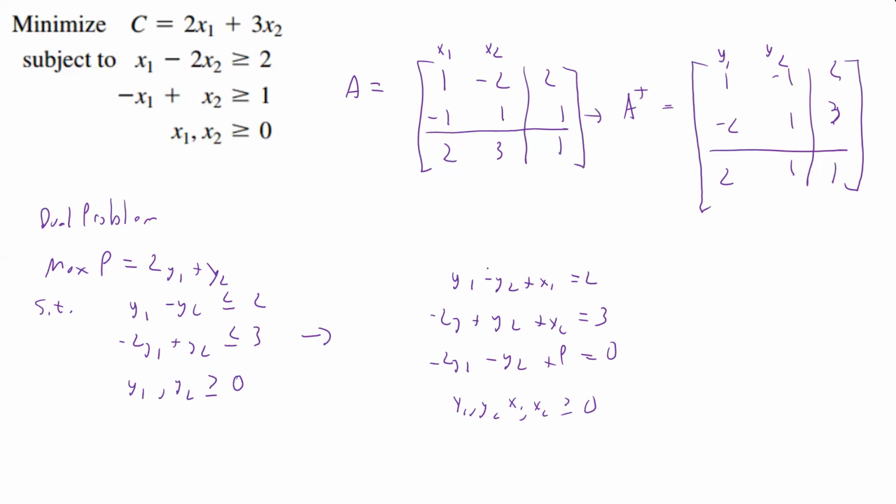Okay. Now we convert our initial problem into an initial tableau. So the initial tableau is just going to be all those as variables, and we have to write it as a proper thing. We have y1, y2, x1, x2, p.